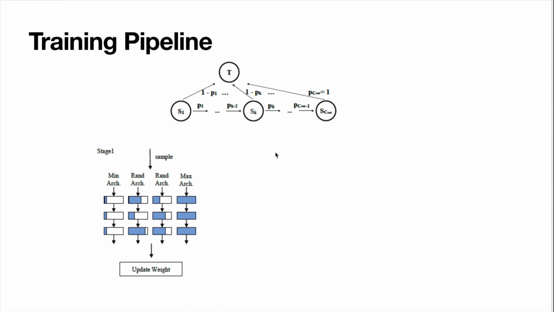The training pipeline contains 2 stages. In stage 1, for each iteration, we sample several substructures from the transition model, and then compute gradients to update the weights of the unpruned network.